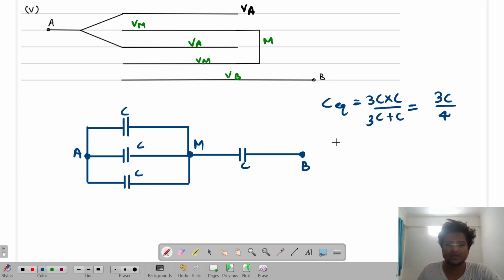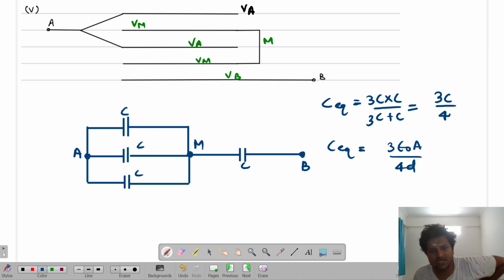This is my C equivalent, or C equivalent is 3 epsilon naught A by 4d. Got it? Correct now? In the top there is multiplication only, the bottom is addition. Is that clear? Can we move ahead?